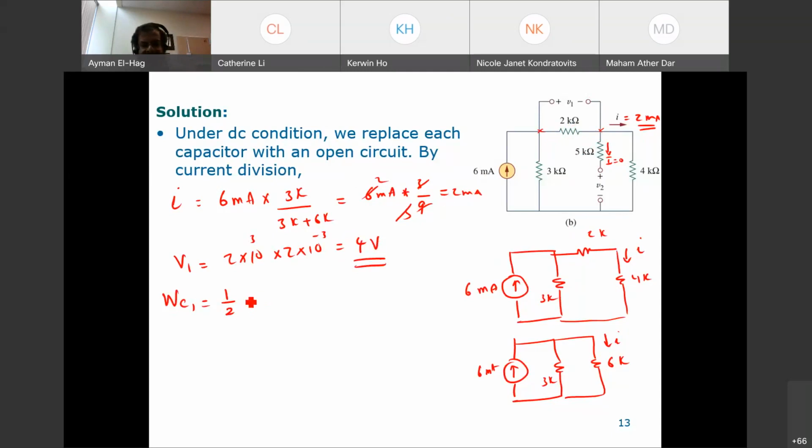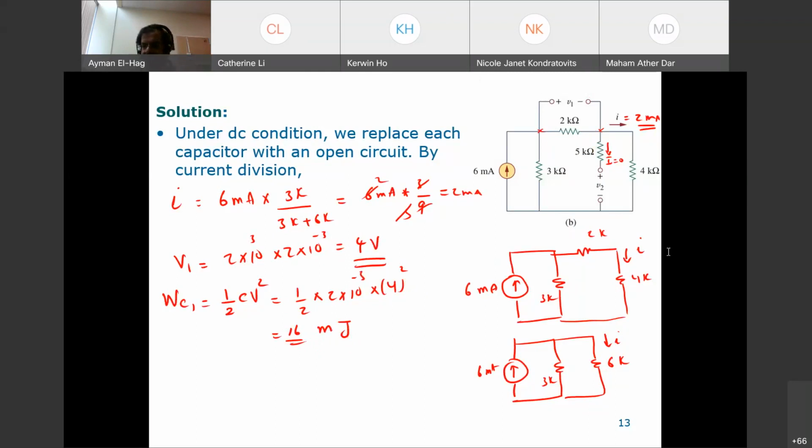This is 1/2 times C, where C is 2 millifarad, so 2 times 10 to the minus 3 times 4 squared, which is equal to 16 millijoule.